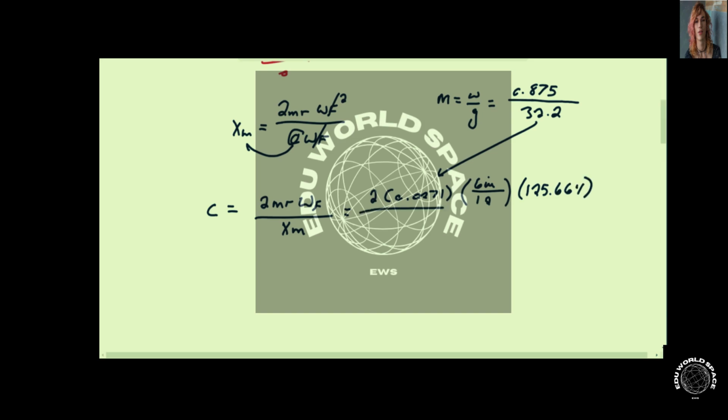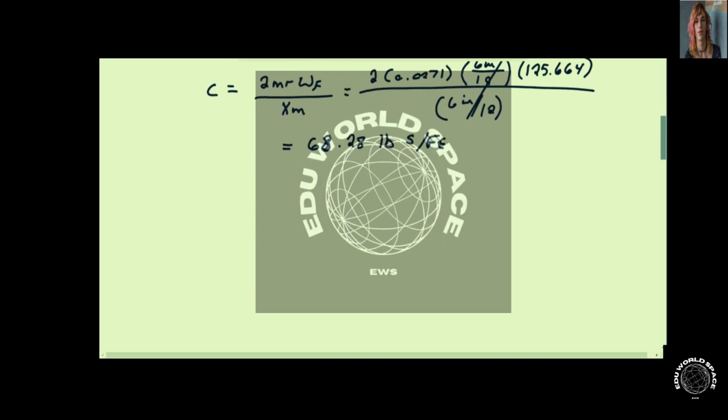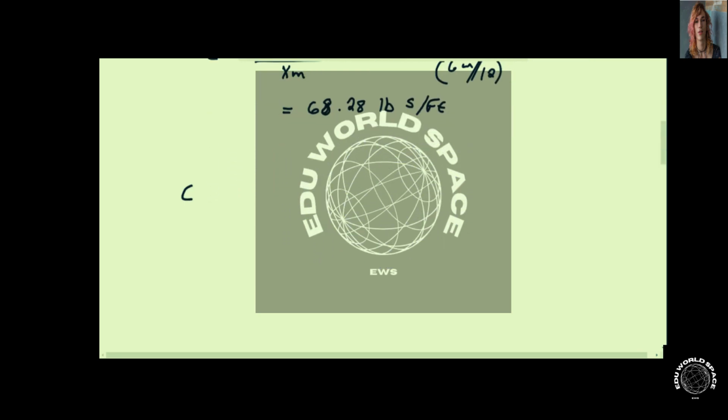And we get 125.664 divided by the xm, which is also 6 inch divided by 12. And these cancel out. So for this C, we get 68.28 pounds second per feet. Okay. And now we need to find the CC, and that is 2 square root of KM.